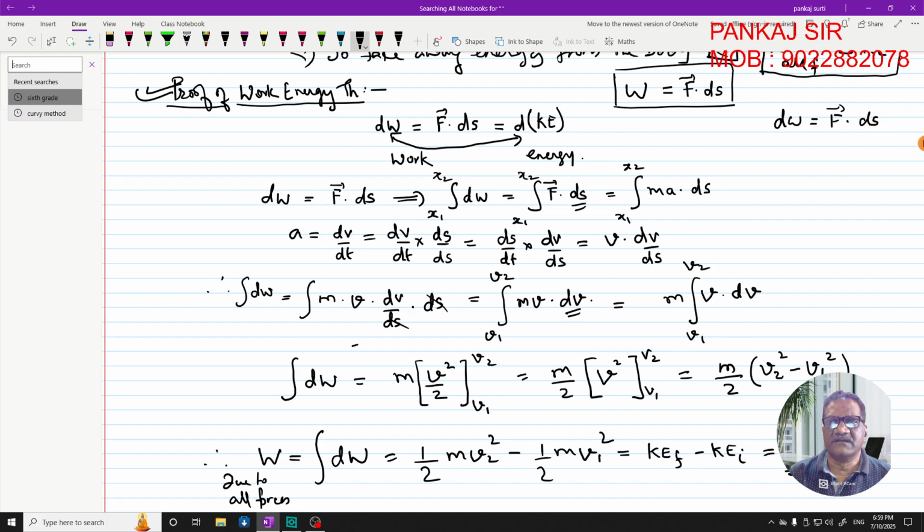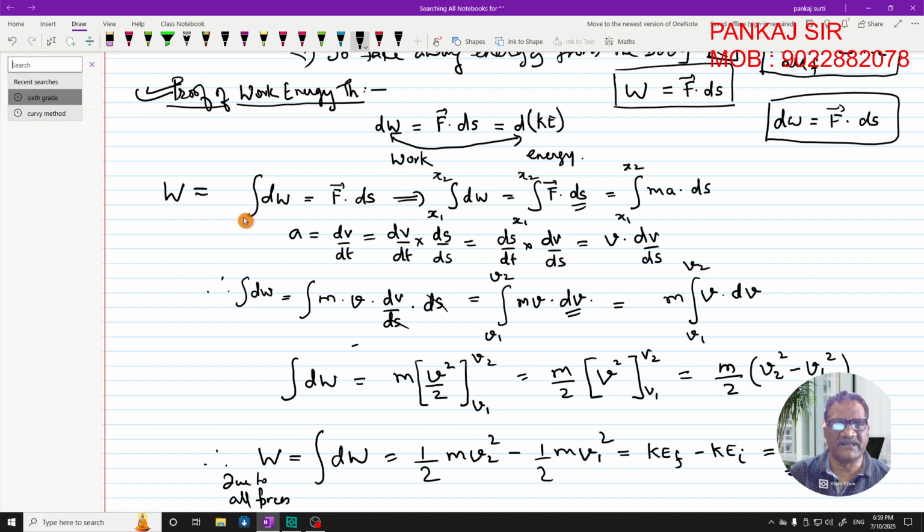So this happens to be a general formula for finding the work done. A very small work done will be equal to F into a small displacement ds, right? Now if you want to find out the total work W, it will be equal to the integration of dW. So right from here we will start the integration of dW.